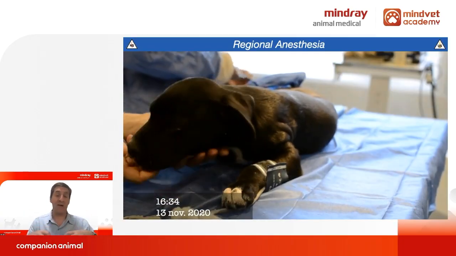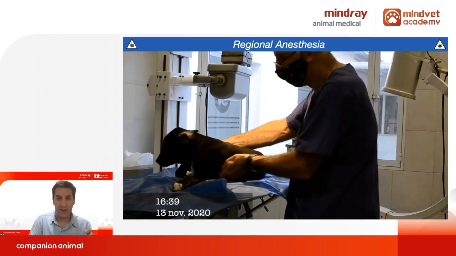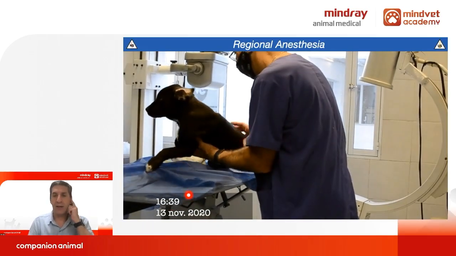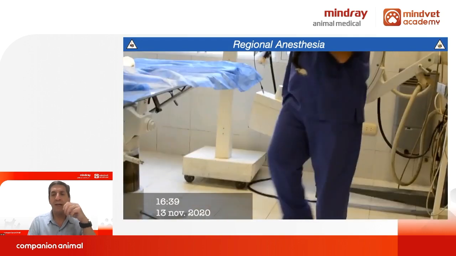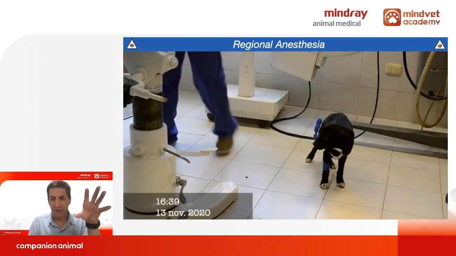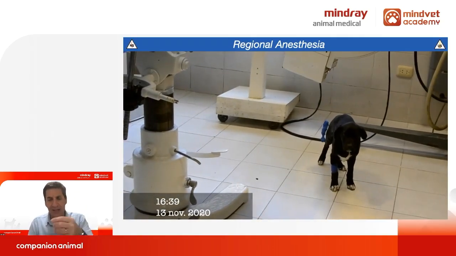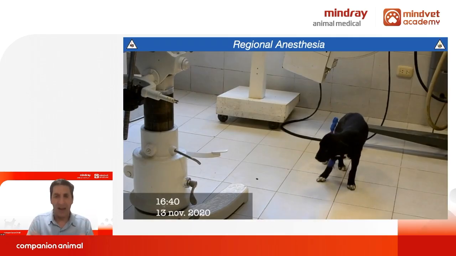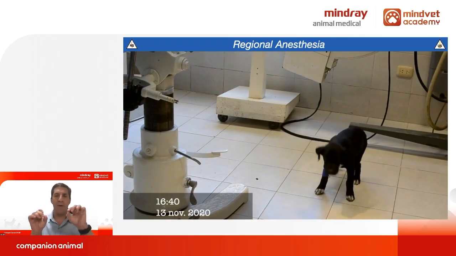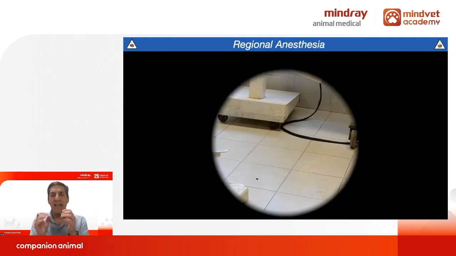As you can see, the animal wakes up immediately after we finish the surgical maneuver, and the animal is able to walk instantaneously. The meaning of this image is just to share the information that when it is performed correctly, the block is able to desensitize all the area.